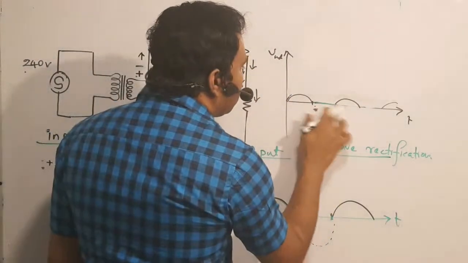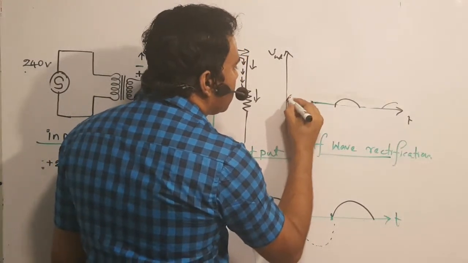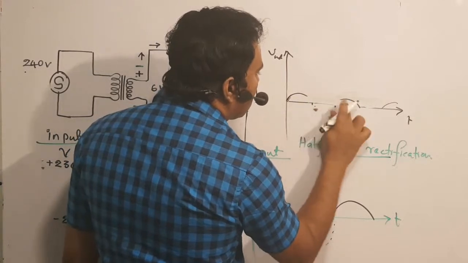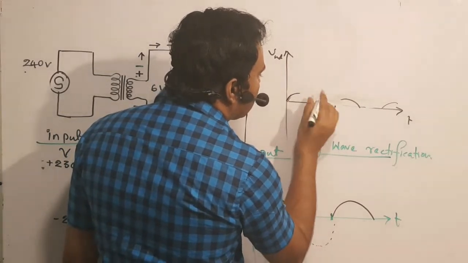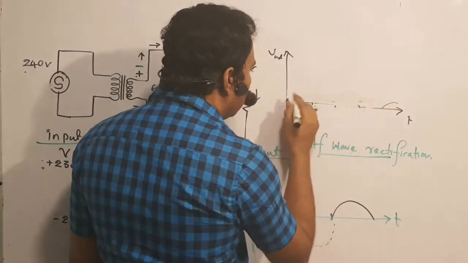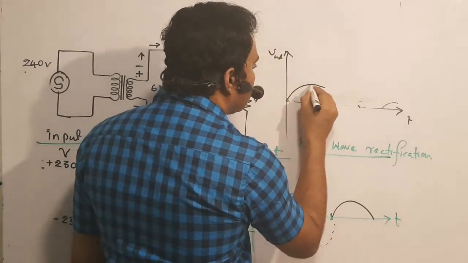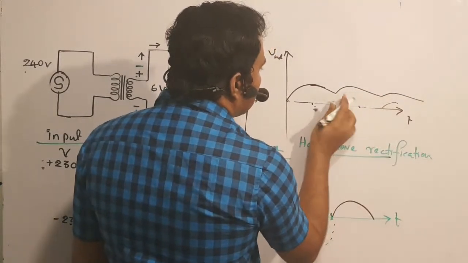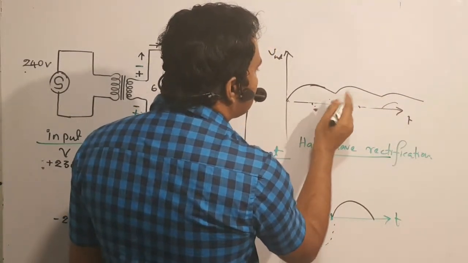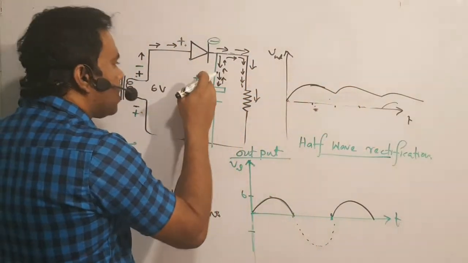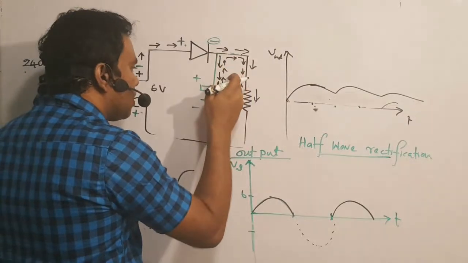But what happens when that current is passed? It's also discharging. If drawn a bit larger, the peak is like this. There is no moment without current because the capacitor quickly charges and gives the current.